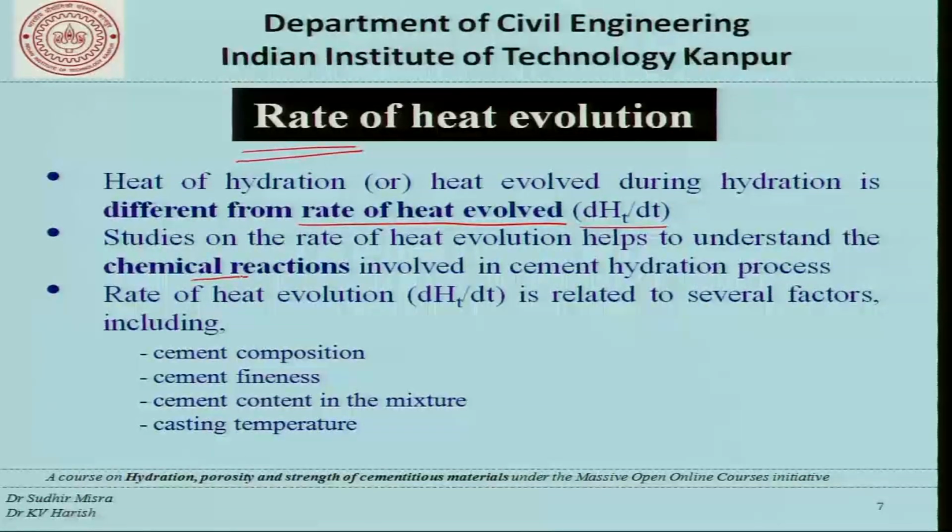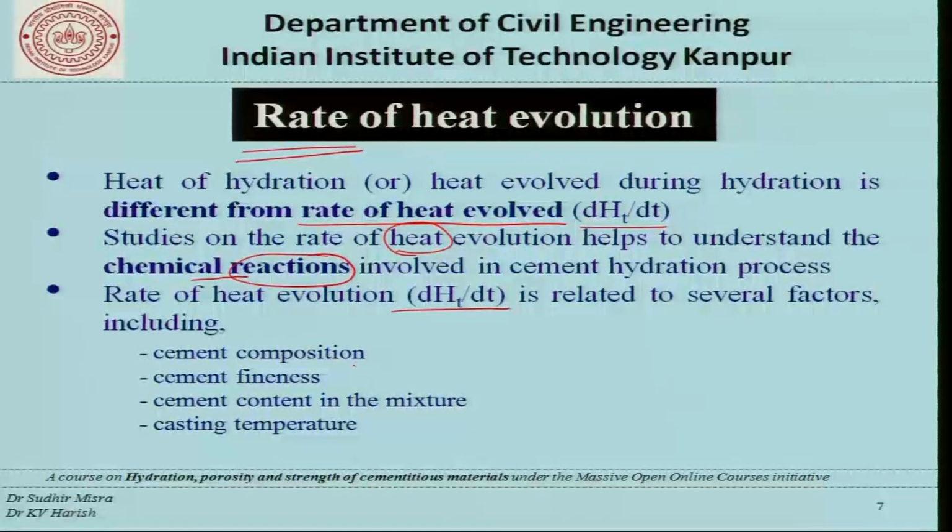In fact, as I said before, the reactions of the individual components and the heat evolved in the different reactions are extremely closely related. And this rate of heat evolution is related to several factors.